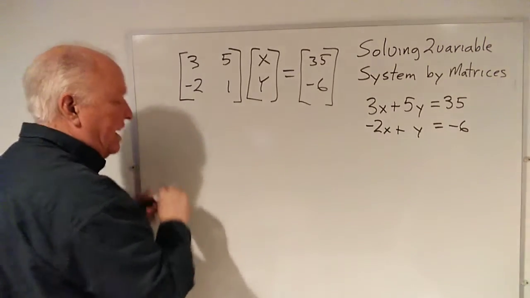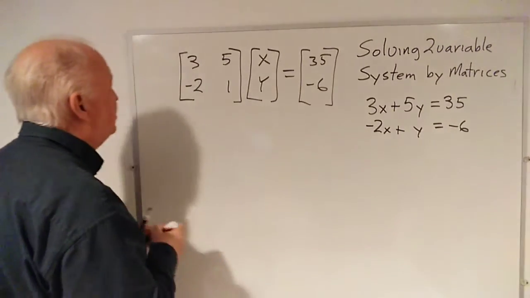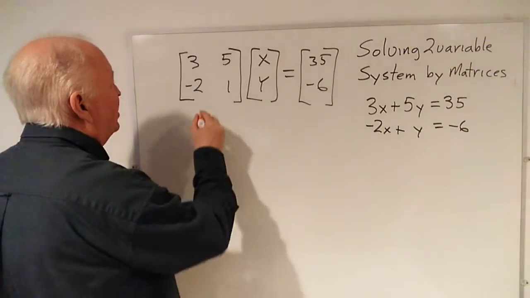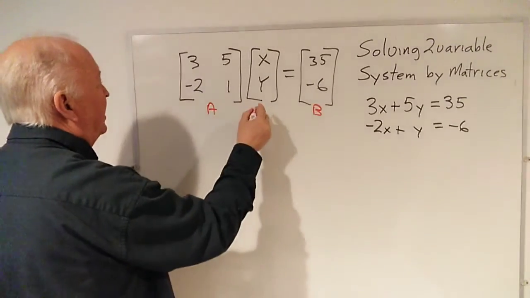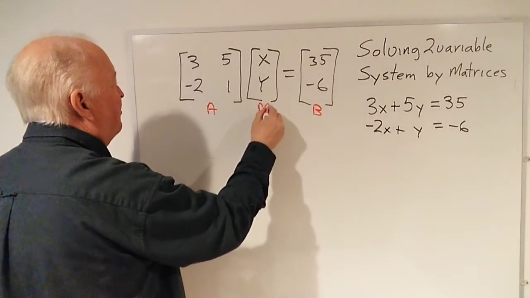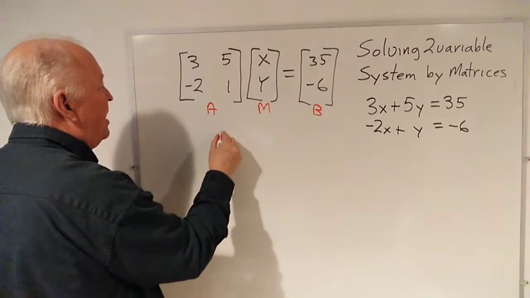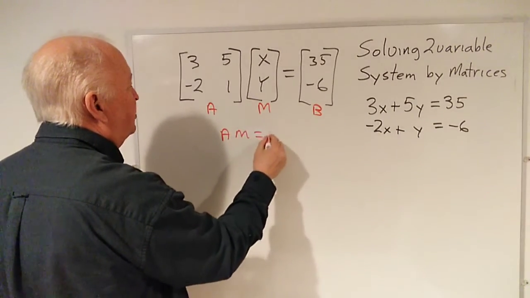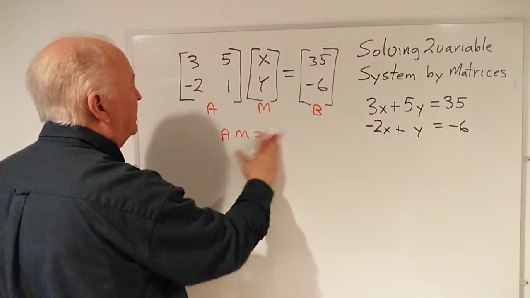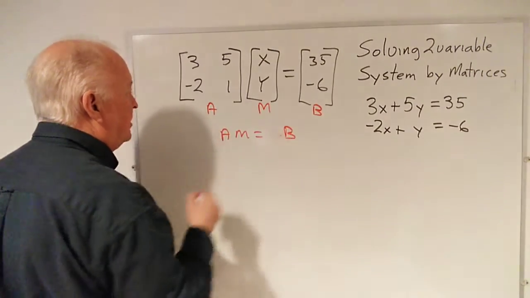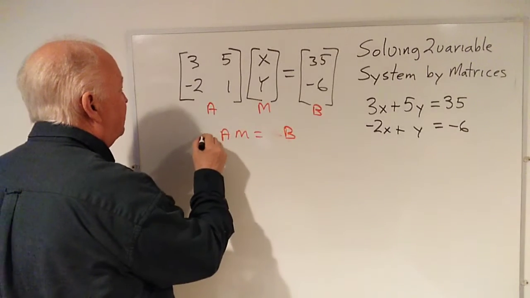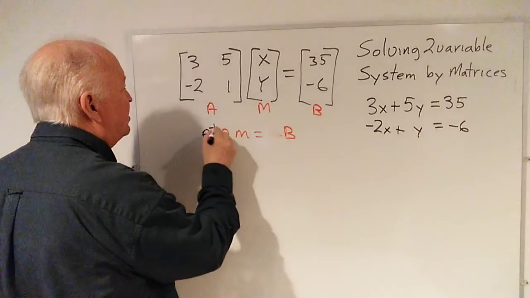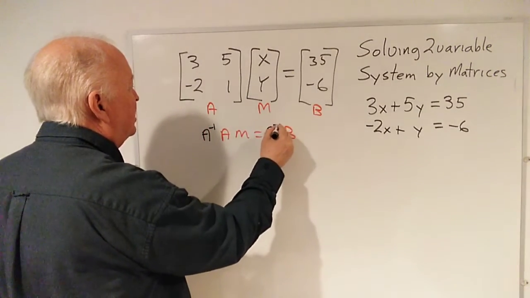I'm going to call this A, this M for matrix, and this B. So we have AM equals B. To cancel out the A's, we use A inverse on both sides.